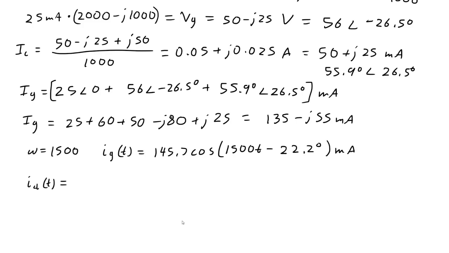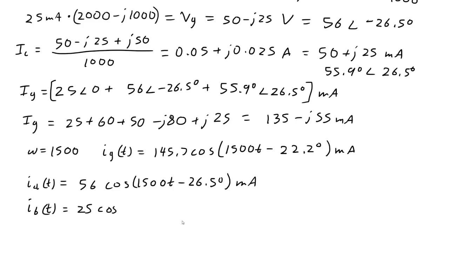IA of t is going to be 56 cosine 1500t minus 26.5 degrees milliamperes. IB is going to be 25 cosine 1500t minus 0, so just that, milliamperes.